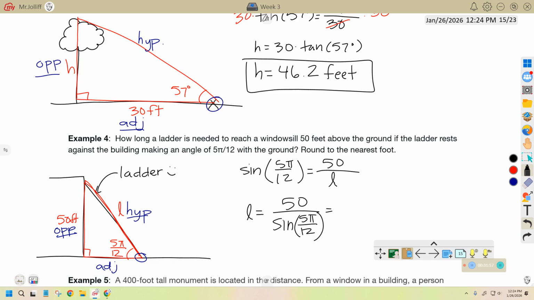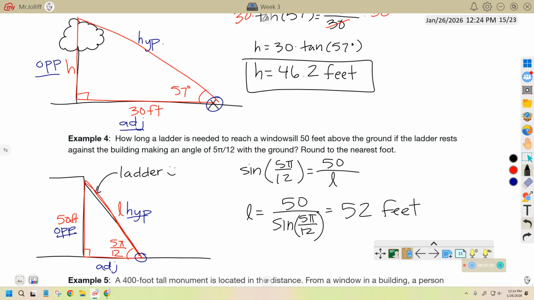It's definitely radians. We seem to have some disagreement at the back table. Ali, what'd you get? 51.8, which would round to 52. I would need a 52-foot long ladder in order to make that angle with the ground and reach 50 feet up the building. Good.